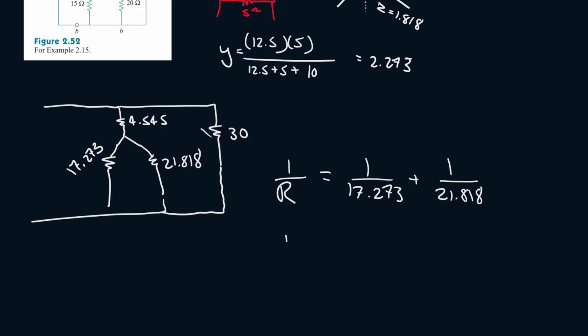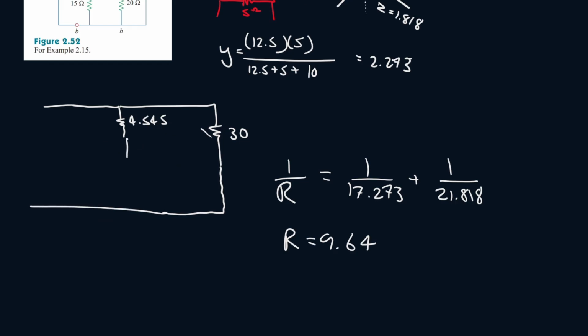Okay, so R will be equal to 9.64. So that means this whole portion will be 9.64. Now we can add these two up.